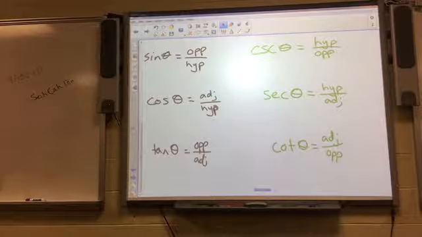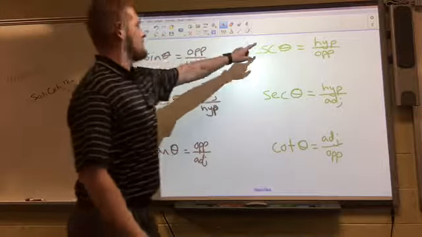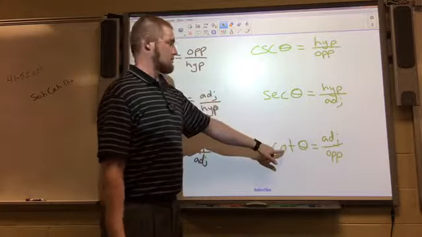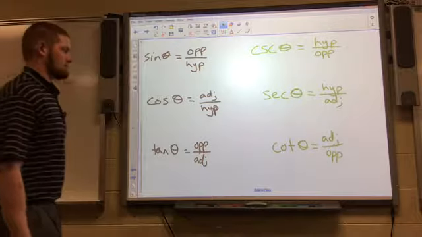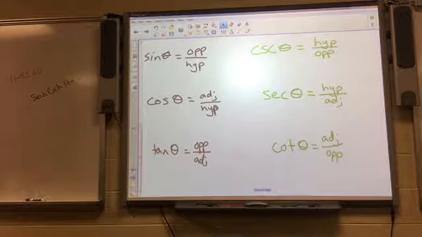You might want to write those words out: cosecant, secant, cotangent. Again, these are just the inverses of your original trig functions, sine, cosine, tangent.